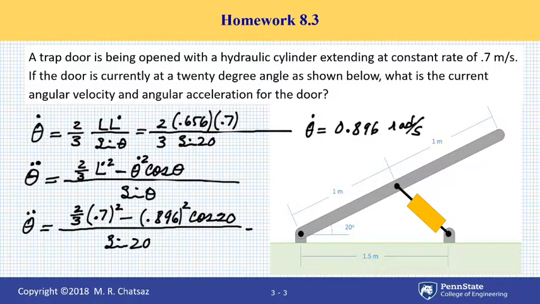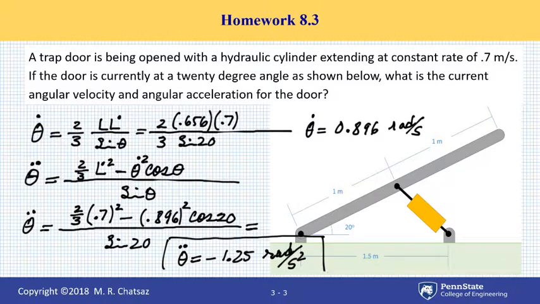Taking a calculator and getting a numerical value, we end up with theta double dot equal to minus 1.25, and the units are radians per second squared.